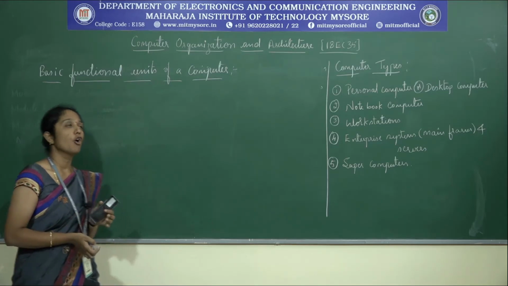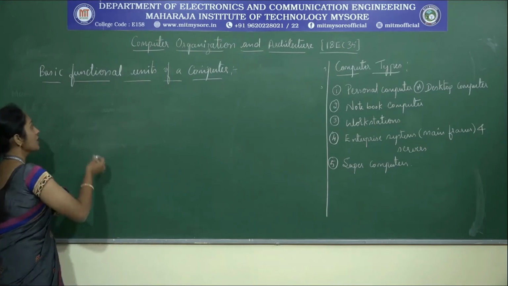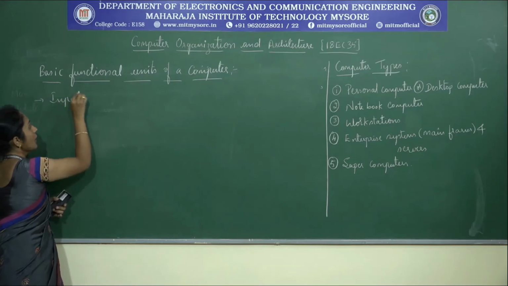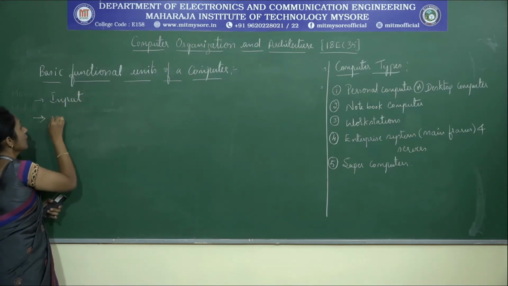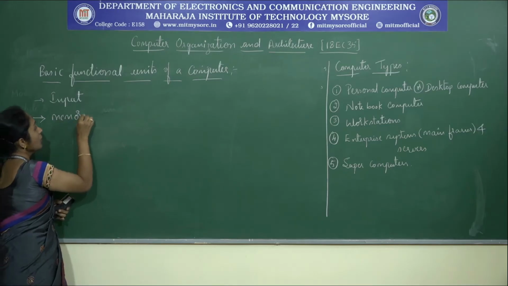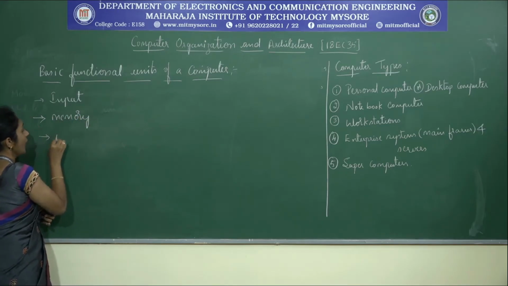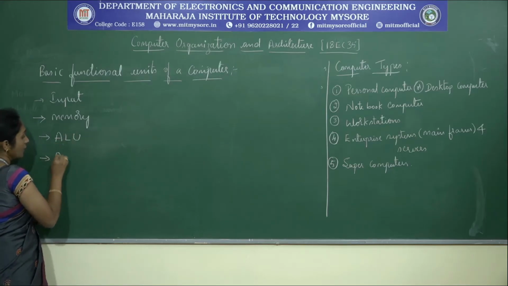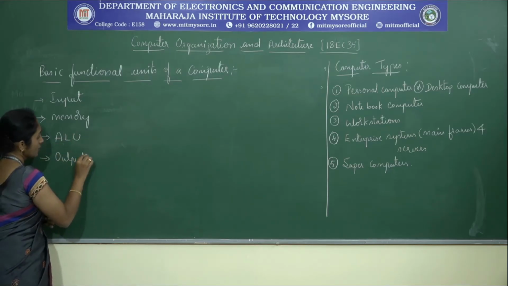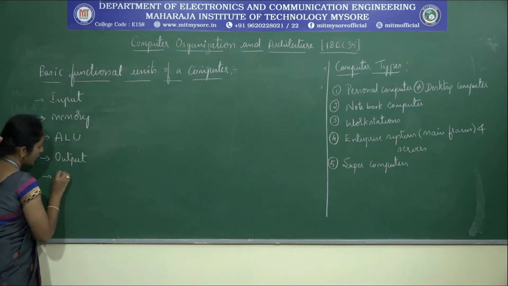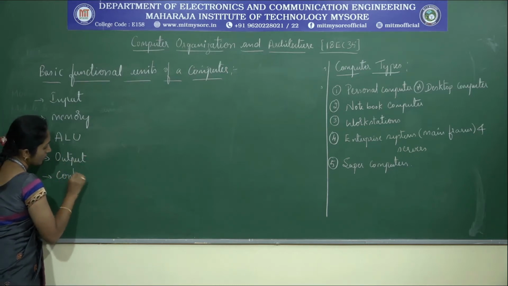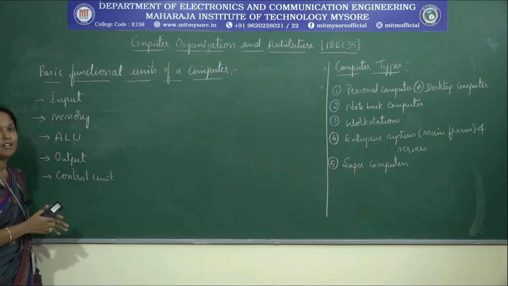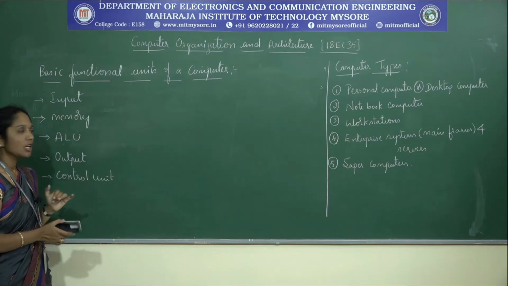But actually it has 5 independent functional units, and those are input, memory, arithmetic logic unit, output unit, and lastly the control unit. These are the 5 independent functional units we have in a computer.